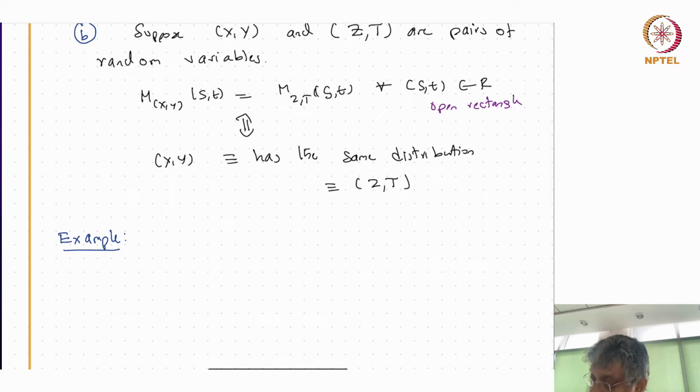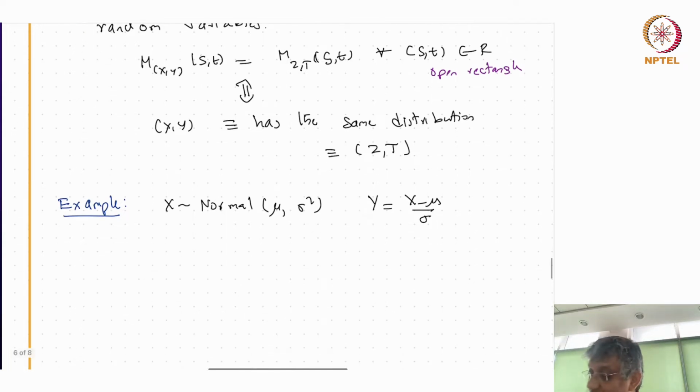Let's say x was normal with parameter mu and variance sigma squared. Before, I had shown you that y equal to x minus mu by sigma was normal 0, 1. We did this by brute force calculation in the previous course. Now let's try and show by this moment generating function method that these two are the same.